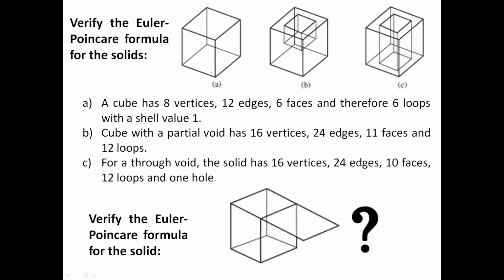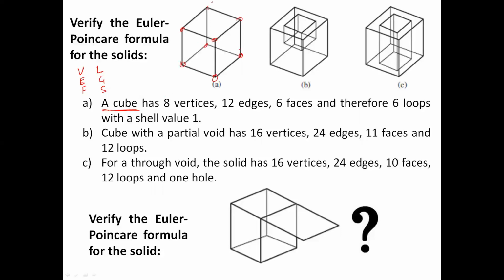There is a cube. In figure A, there is a cube. Now let us start counting all the features. So what features we need? We need vertices, we need edges, we need faces, we need loops, we need genus, and we need shell or solid. Okay? So let us start counting. How many vertices are there? 8 vertices.